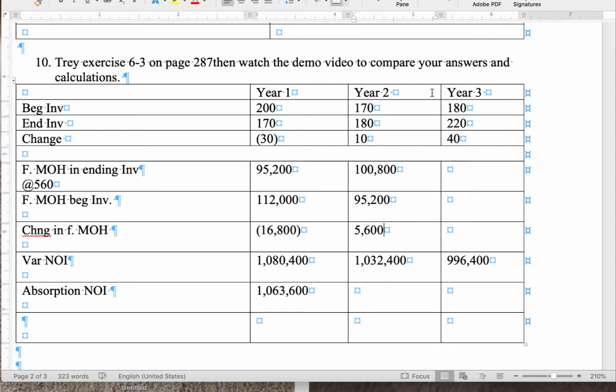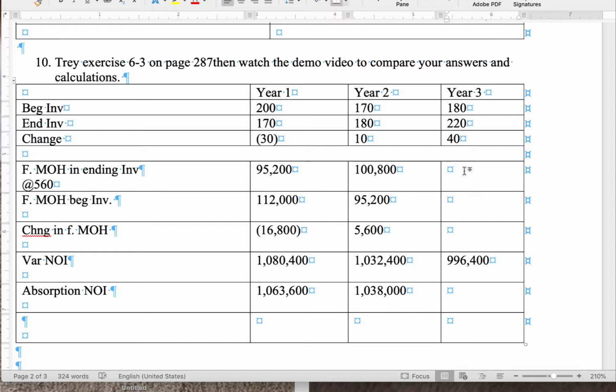It's sitting on the balance sheet and I'll recognize it when I sell it. So I'm going to add $5,600 to the $1,032,400, and I should get $1,038,000. That is my absorption NOI.